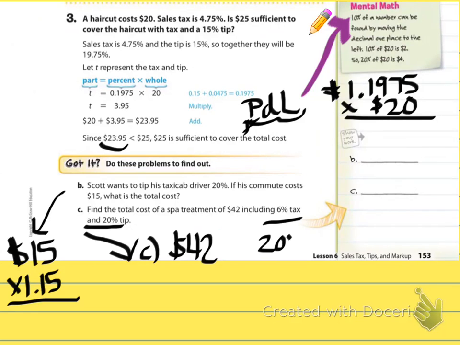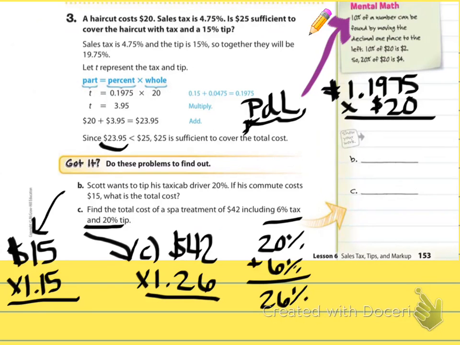So that would be 20% plus 6%, which is a total of 26%. So I can simply multiply on the calculator 1.26 and go straight to that total cost. So let me pause, come back, and you can check the final answer.